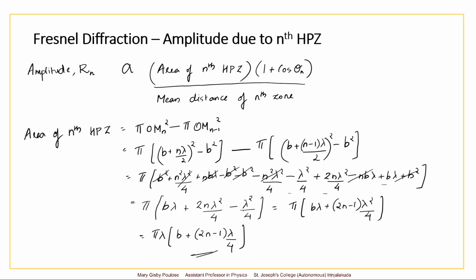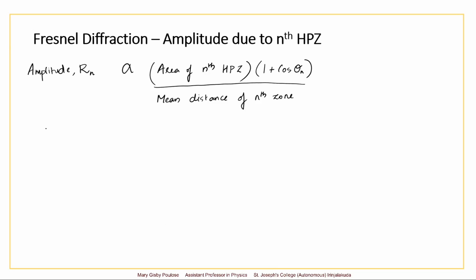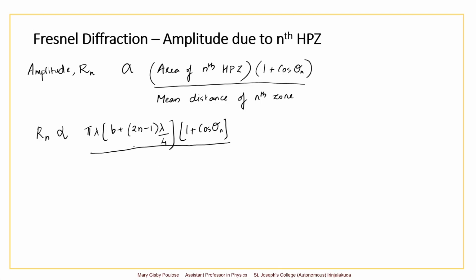Hence, we can write the expression for the amplitude due to the nth half period zone, Rn, as proportional to the area of the nth half period zone, obtained as pi lambda into b plus 2n minus 1 lambda by 4, into the inclination factor 1 plus cos theta n, where theta n is the angle towards the nth half period zone, divided by the mean distance of the nth half period zone, that is b plus 2n minus 1 lambda by 4.